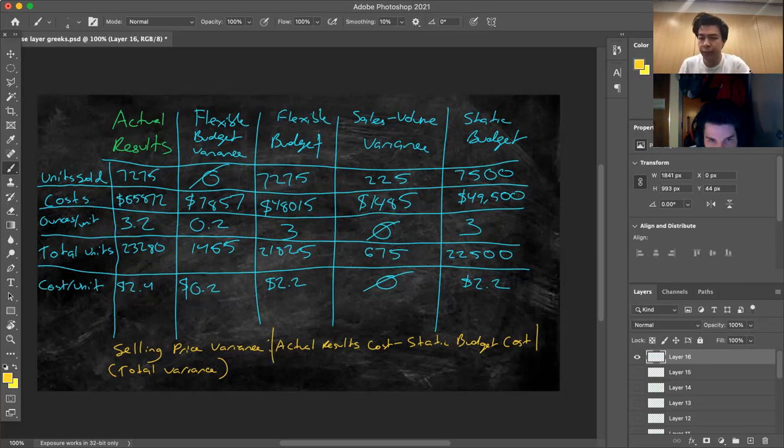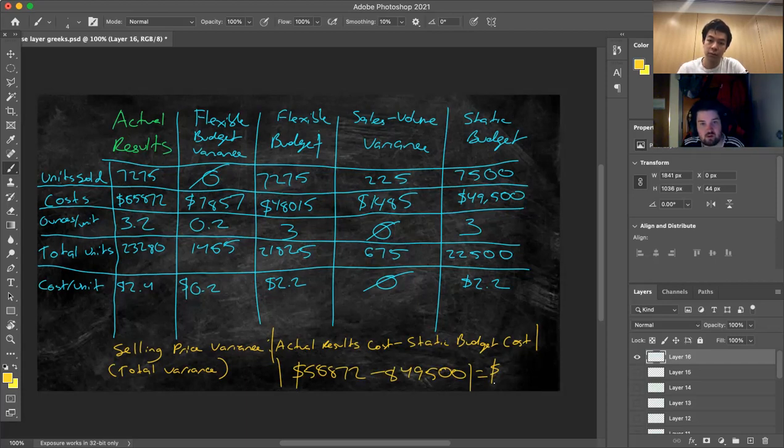So the selling price variance is the actual results cost minus static budget cost. Okay.